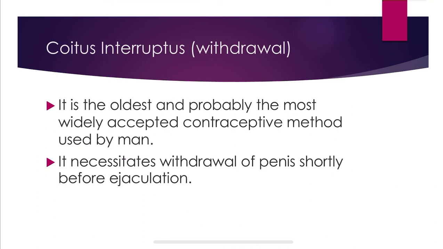This method is widely used, and it is the only method mentioned in the Catholic Church and taught in religions. Many religions follow this method rather than the barrier methods and so on.